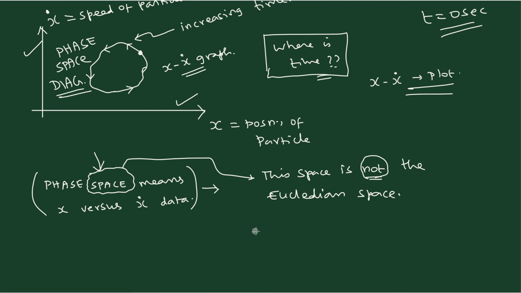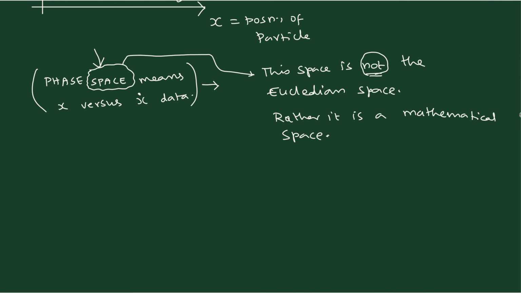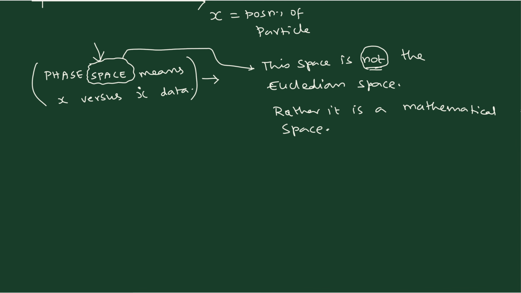Rather, it is a mathematical space. The distinction between the physical space and the mathematical space is very important. Because usually when it is not explained, you think you have to imagine as if there is a space like that.